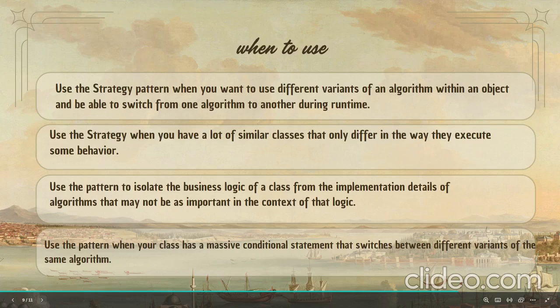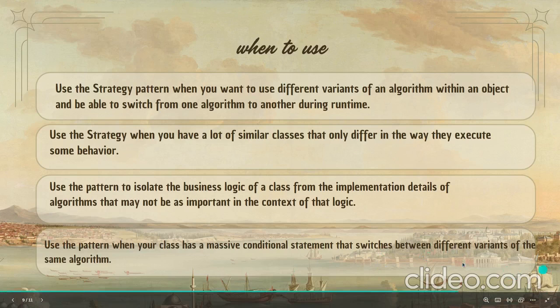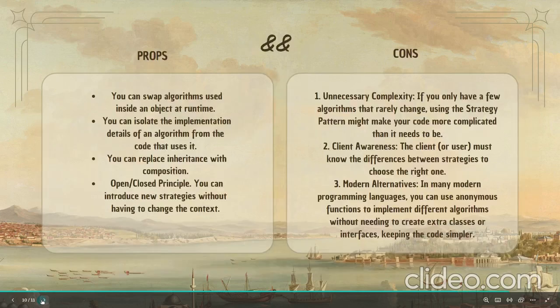Use the pattern to isolate the business logic of a class from implementation details of algorithms that may not be as important in the context of this logic. Use the pattern when your class has a massive conditional statement that switches between different variants of the same algorithm.